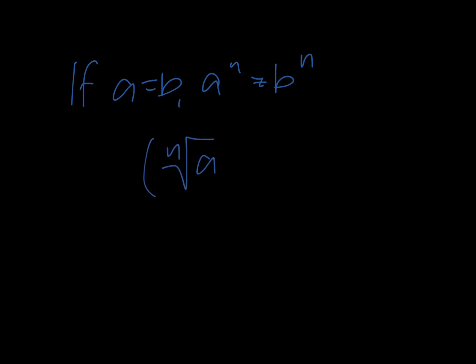The squaring property can be extended to any positive integer n. If a is equal to b, then a raised to n is equal to b raised to n. We use this concept with the fact that the nth root of a raised to n is equal to a. Let's have an example.